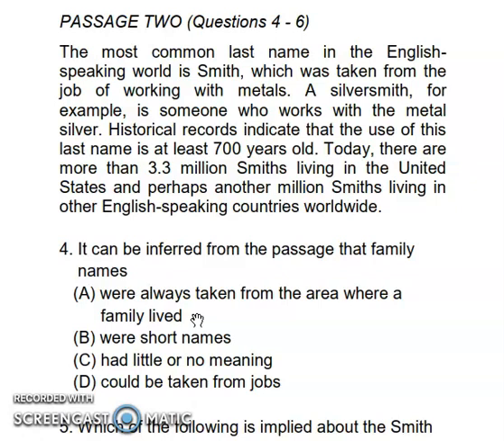And then option D: could be taken from jobs. Okay, so the family name could be taken from jobs. So, does this text talk about family names that can be taken from jobs? Okay, keep it in your mind.